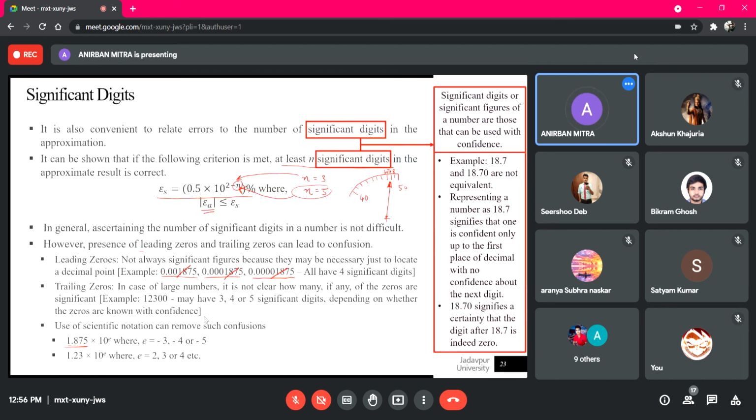The value of epsilon s would be calculated from the expression given here. Once you have calculated that value, you can compare it against the relative approximate error and minimize the error in such a way that you get an acceptable solution.